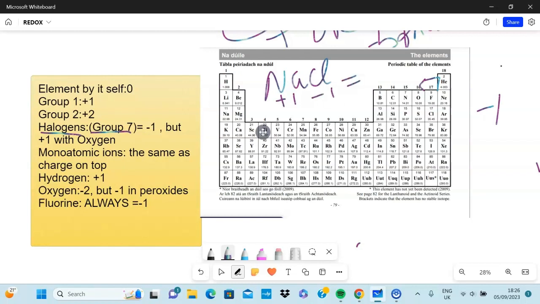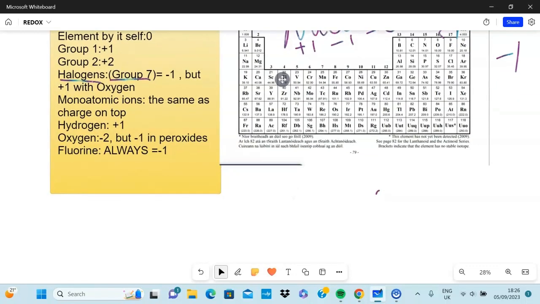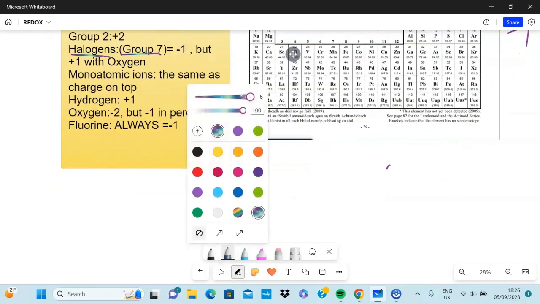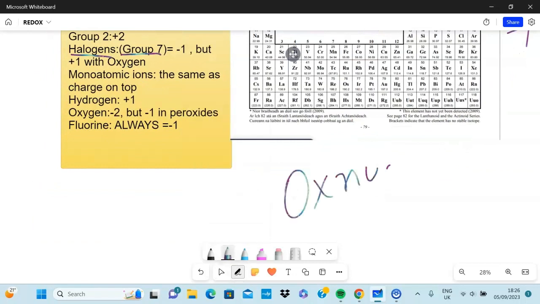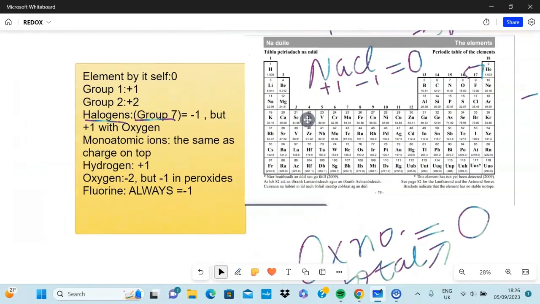If you look carefully, these both add up to 0. One of the main rules of oxidation and reduction is that your oxidation numbers should add up to 0. It should total to 0. You'll understand that more after a few more examples.